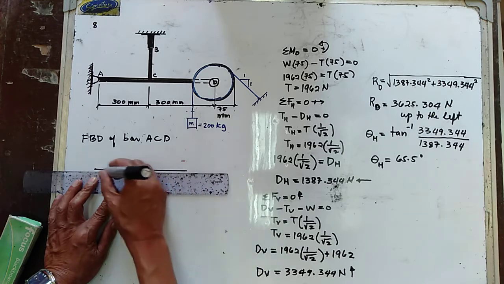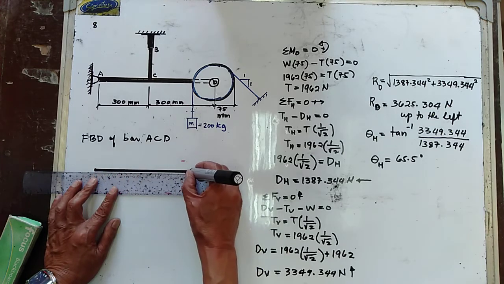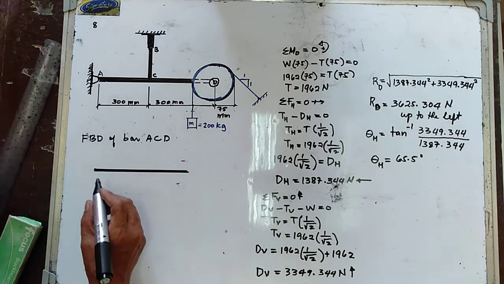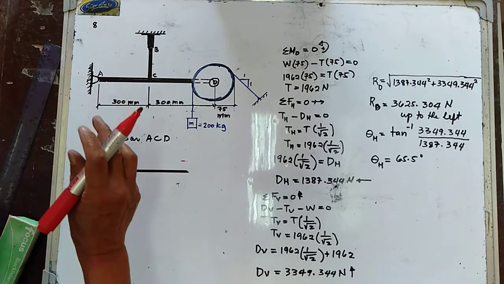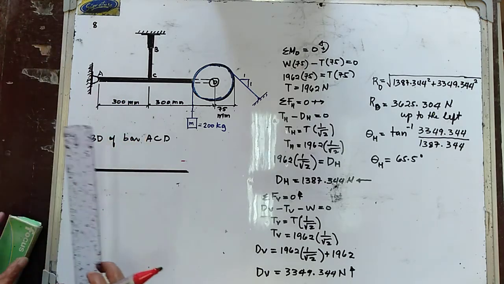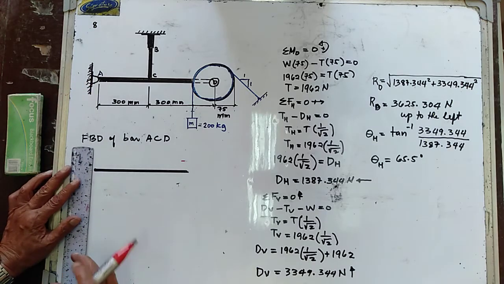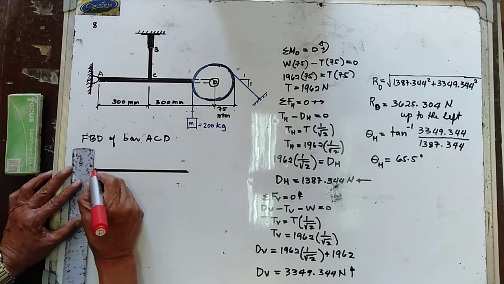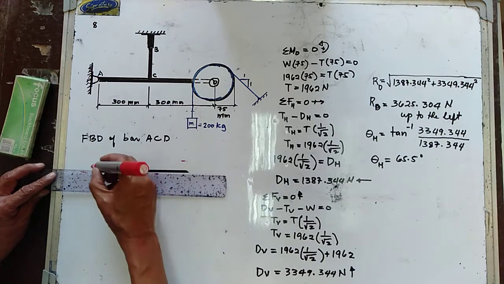We have your bar ACD. So this is now the reaction at point A. We have a hinge support, so we have a vertical reaction and a horizontal reaction.